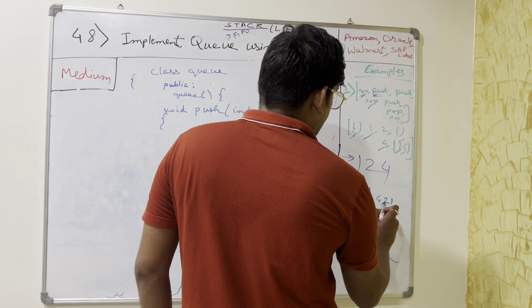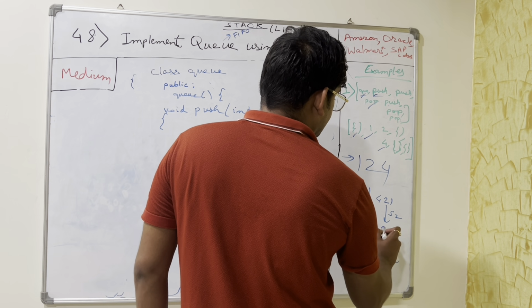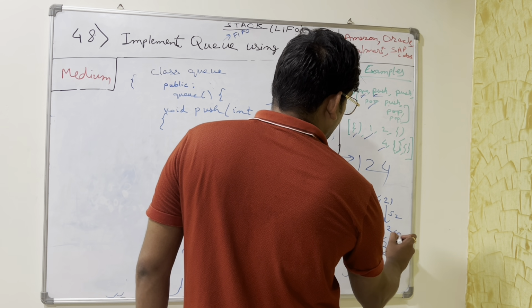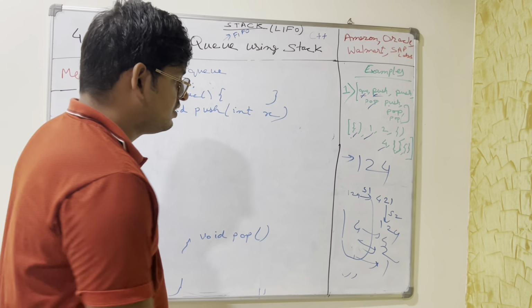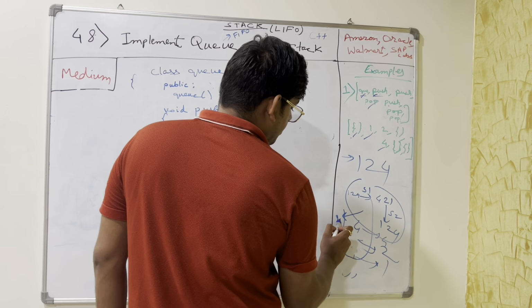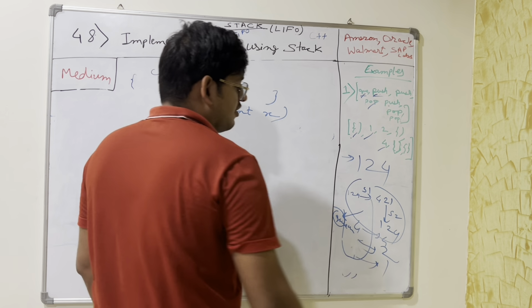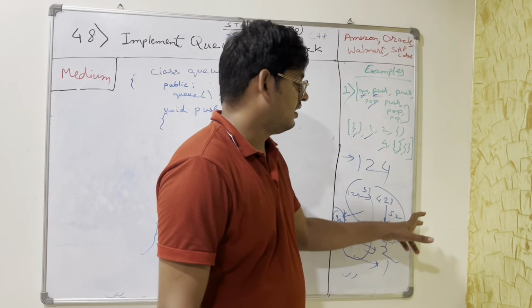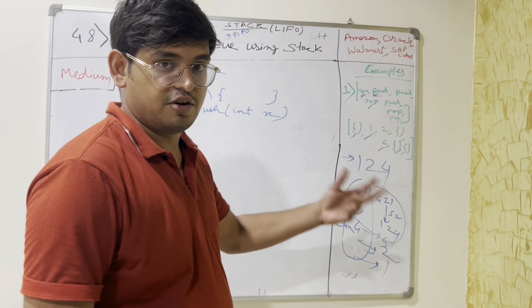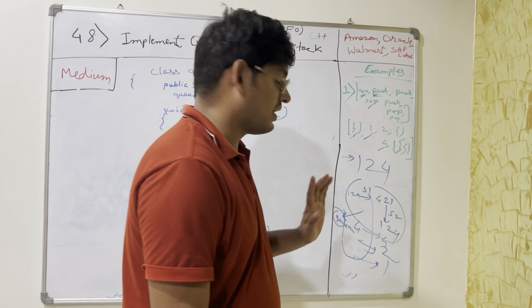But when 4 to 1 is pushed to the stack again, we will get 1 to 4. So these two things can be combined to form a queue. Whatever we push in stack 1, we will push it in stack 2, and then we will push whatever there is in stack 2 back into stack 1, and then we will get our answer.